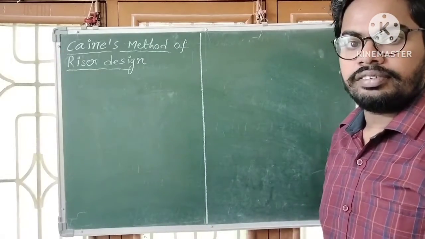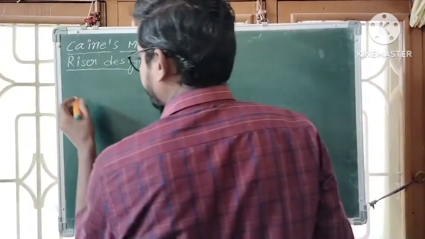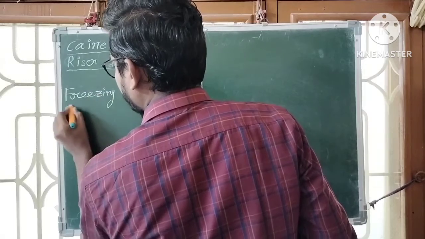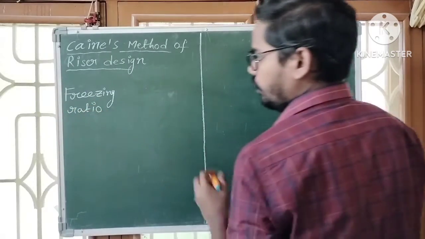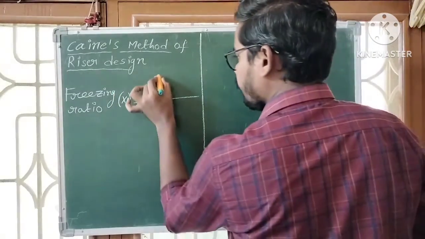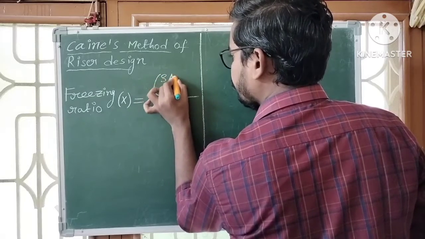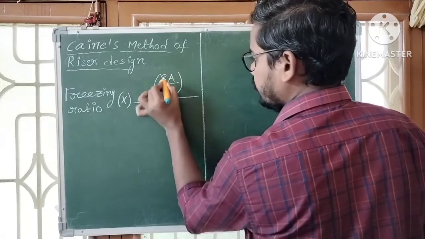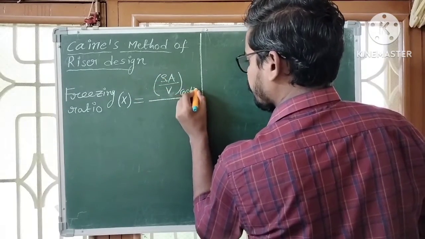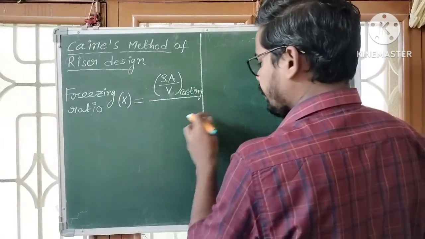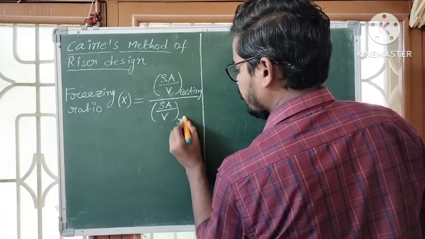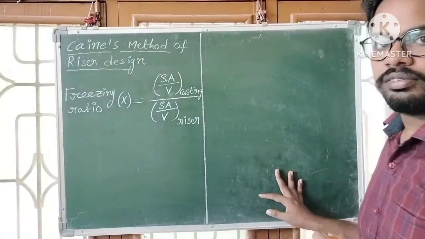In the Keynes method of riser design we have two formulas. The first formula is the freezing ratio, denoted by capital X. Freezing ratio X is equal to surface area by volume of casting, whole divided by surface area by volume of riser. This is formula number 1.